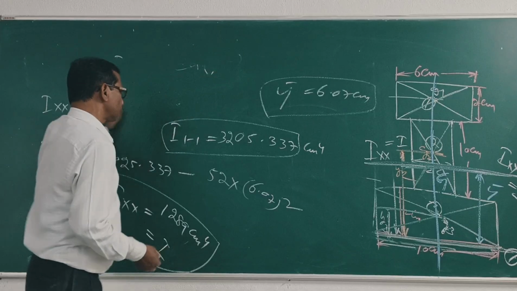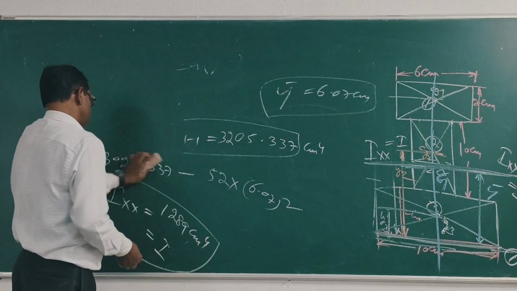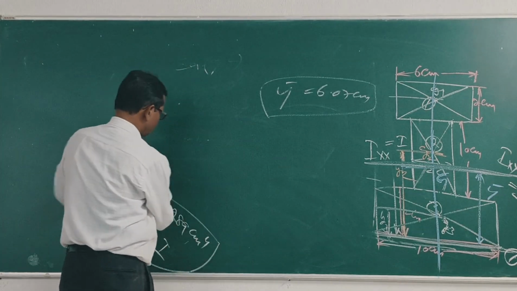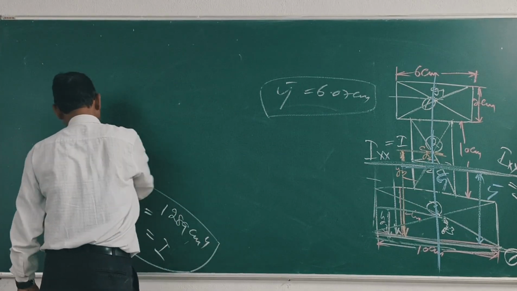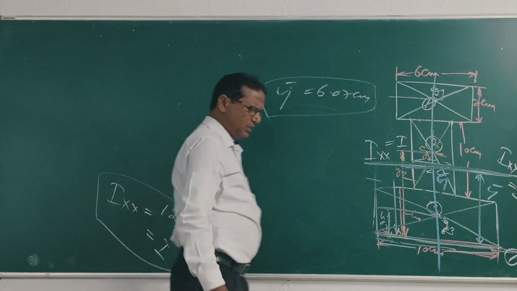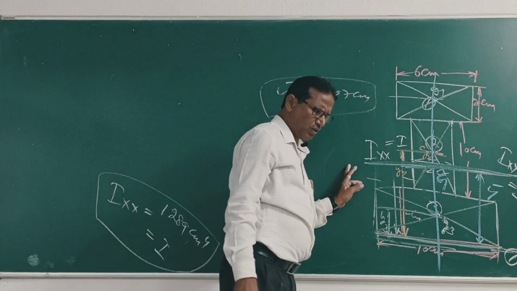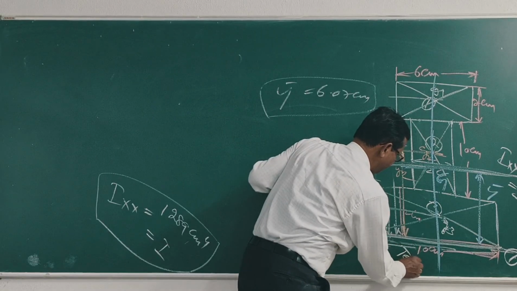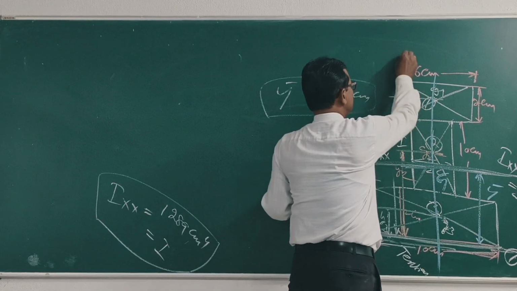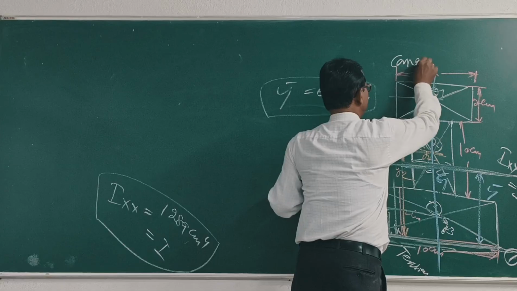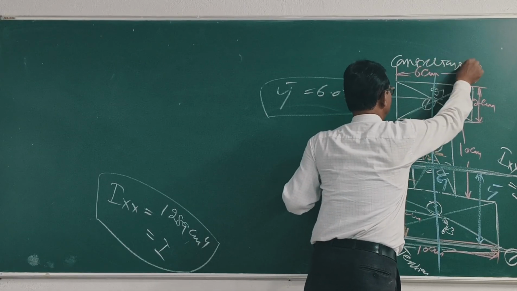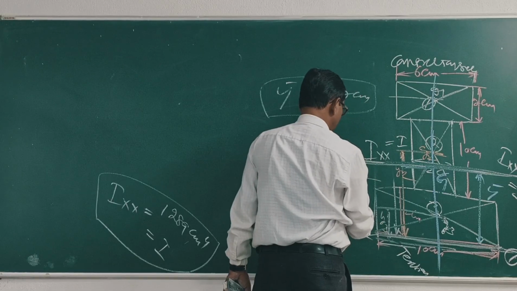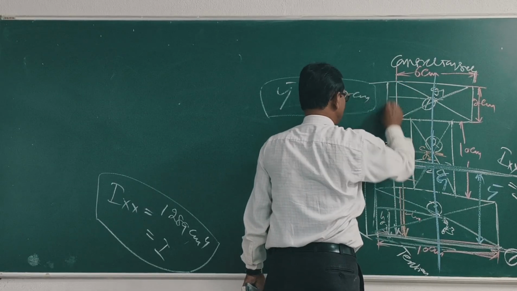Now this y bar, what is y bar equal to? Yt. This is the tension side. This is the compression side. So this is Yt, this is Yc.